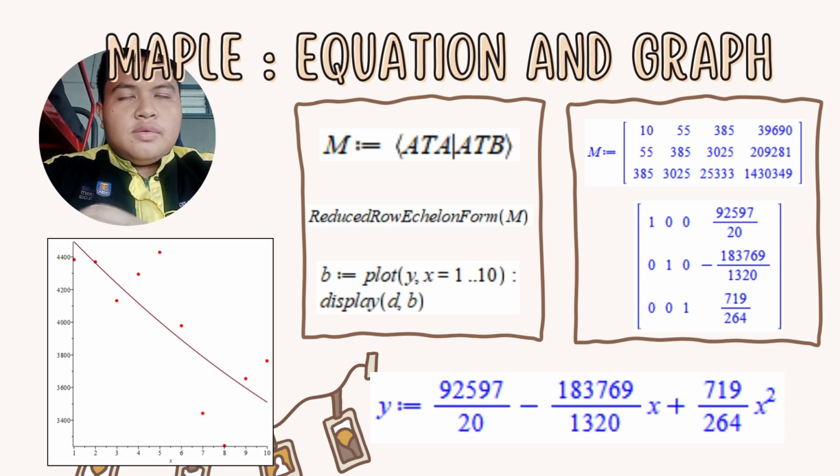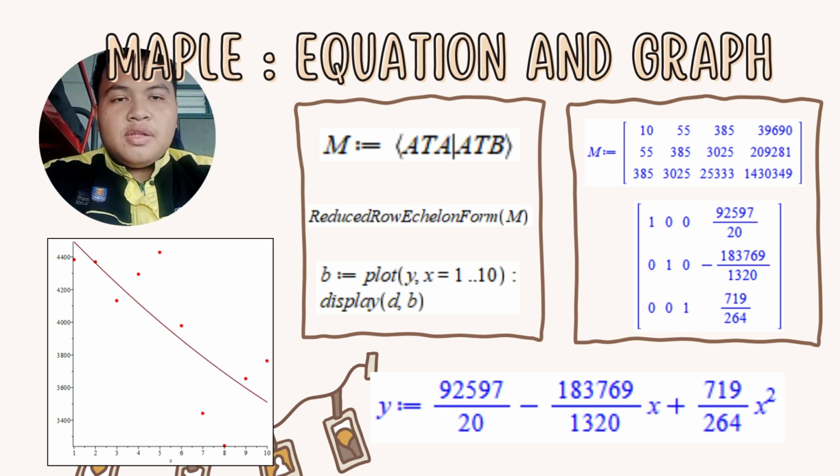So by using the previous matrix that we made, we can finally make the matrix M by combining matrix ATA and ATB. Then we perform the RREF method to matrix M, and then we will find the equation of the best fit curve.